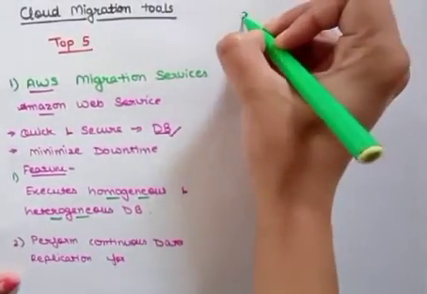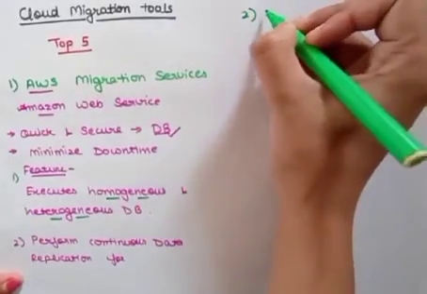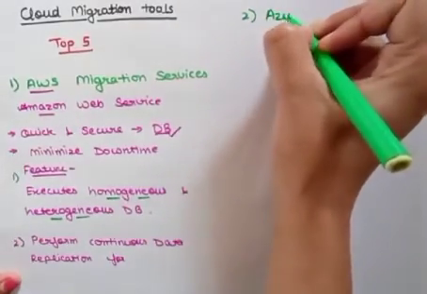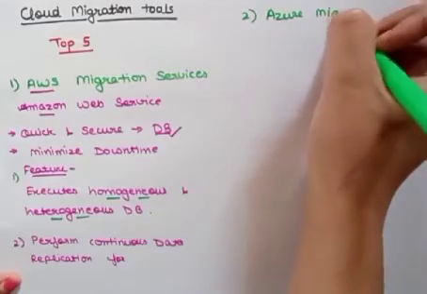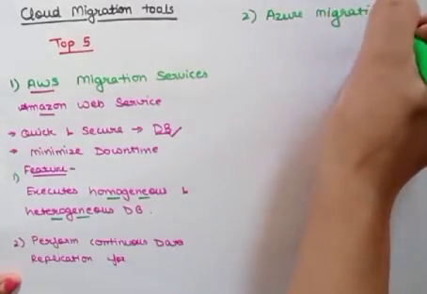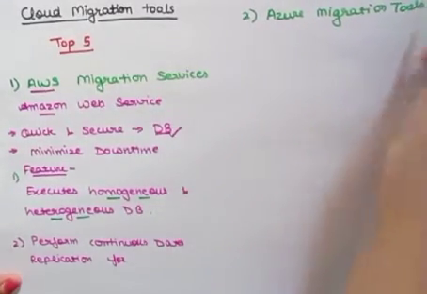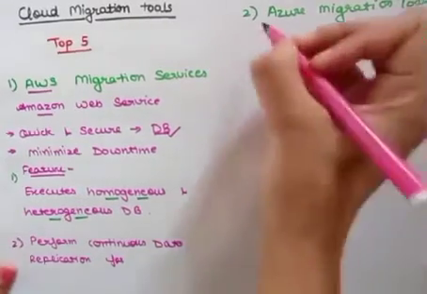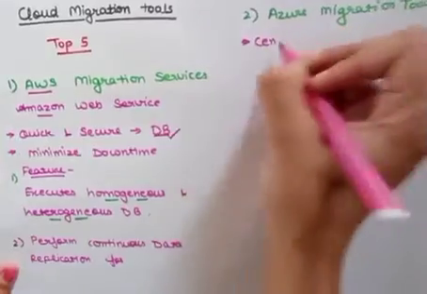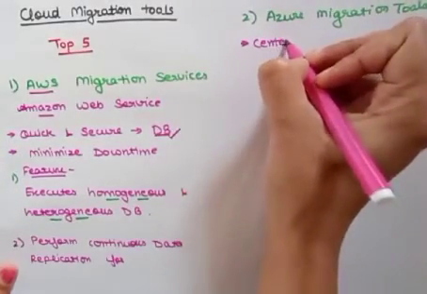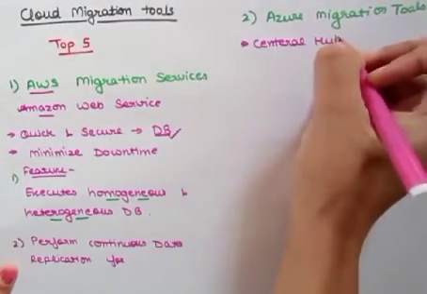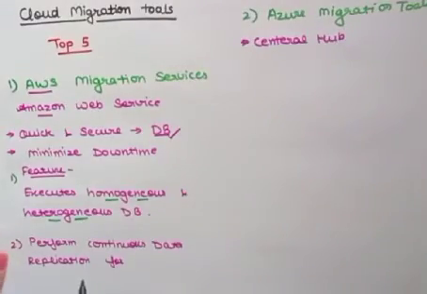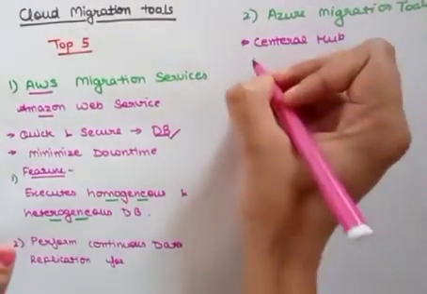The second best cloud migration tool is Azure migration tools. Okay, it creates an Azure migration central hub, so teams can start, execute and track their migration.